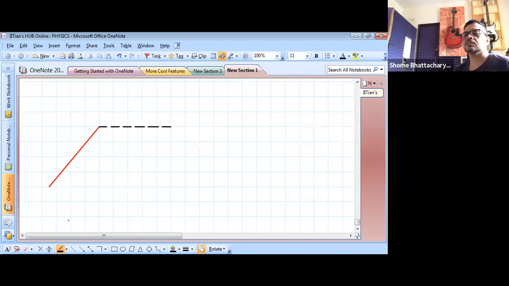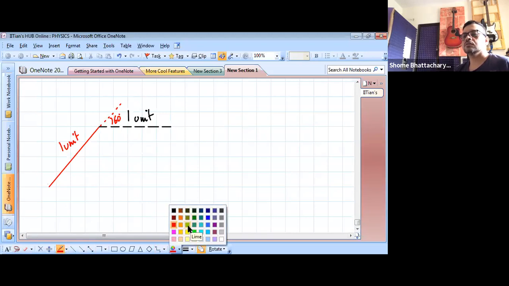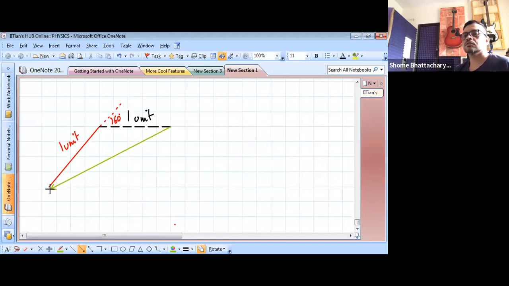So this side is 1 unit. This side is 1 unit. This angle was 60. And what we're trying to find out is this side.